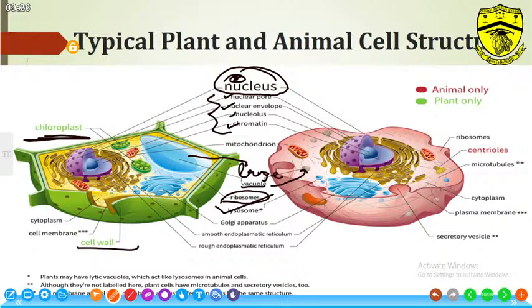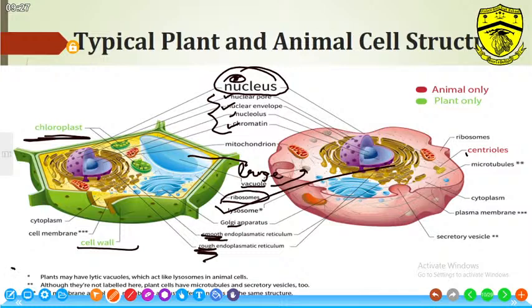The centrioles are also present only in animal cells. In here, the Golgi apparatus is present in both cells. The ER, like smooth endoplasmic reticulum and rough endoplasmic reticulum. The presence of ribosomes is called rough endoplasmic reticulum. The absence of ribosomes we call smooth endoplasmic reticulum.